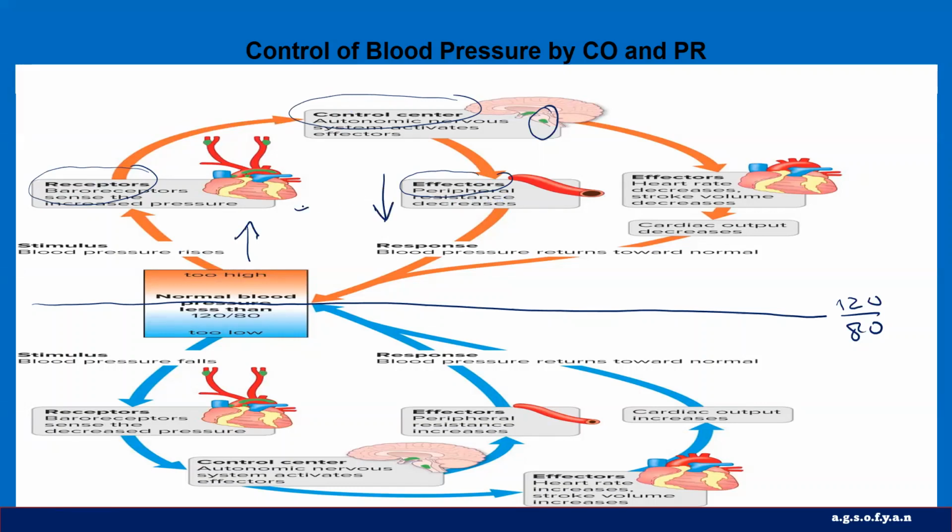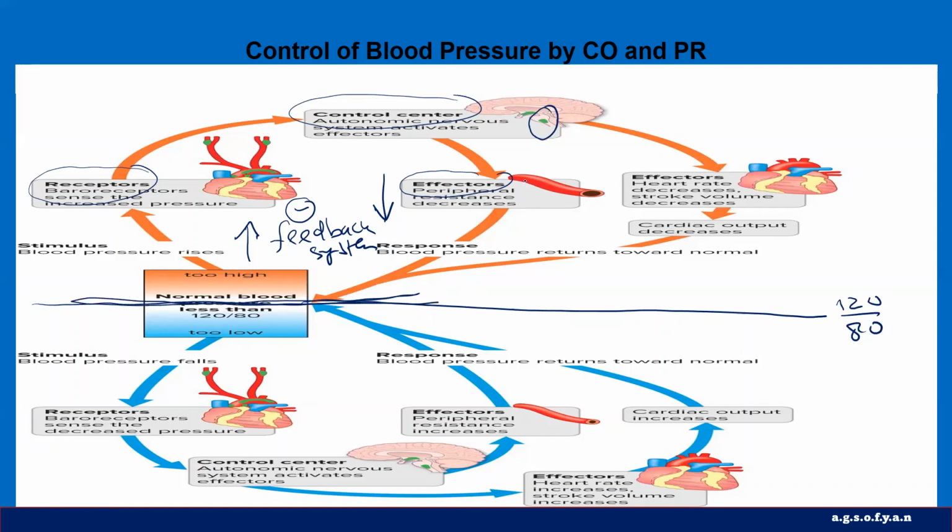Okay, in this case, because the blood pressure increased, the response should be a decrease. So this is what we call a negative feedback system. When the pressure increases, the response will try to decrease that pressure to reach this normal blood pressure over here.